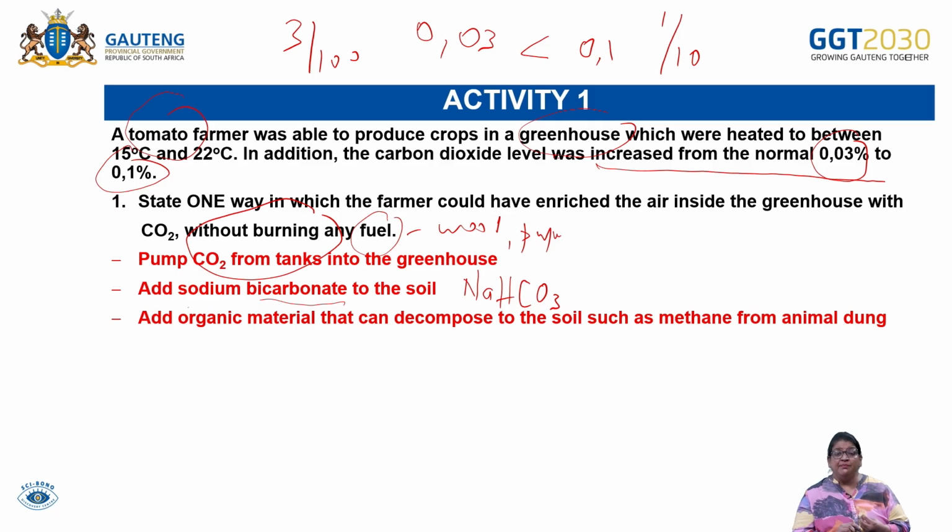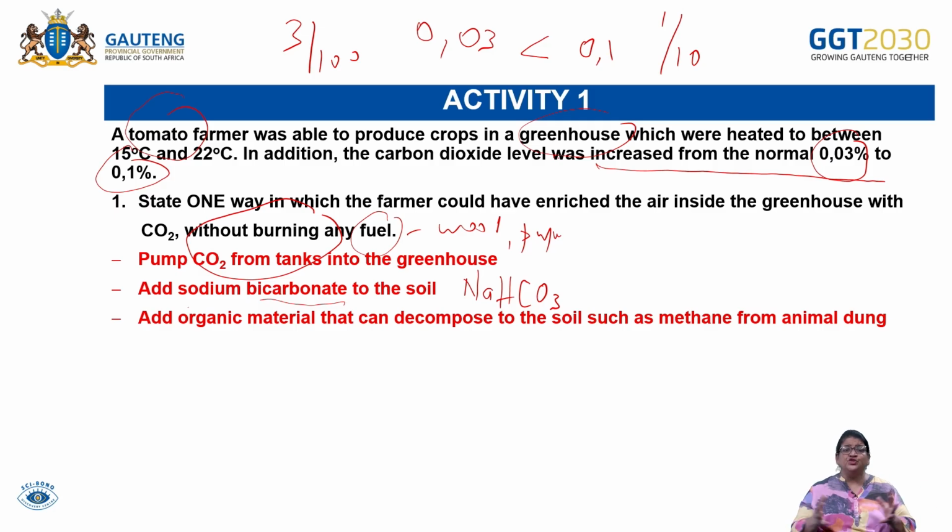So learners, remember, when you add fertilizers or compost or manure to the soil, what is happening there? It's all organic material, all your dead leaves, your dead insects, the droppings from birds, the droppings from fish.